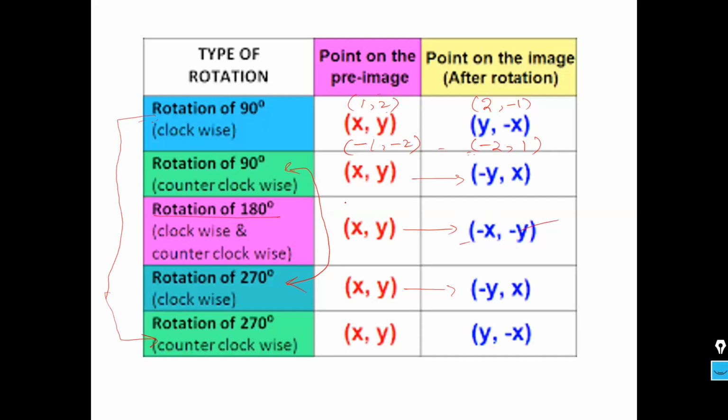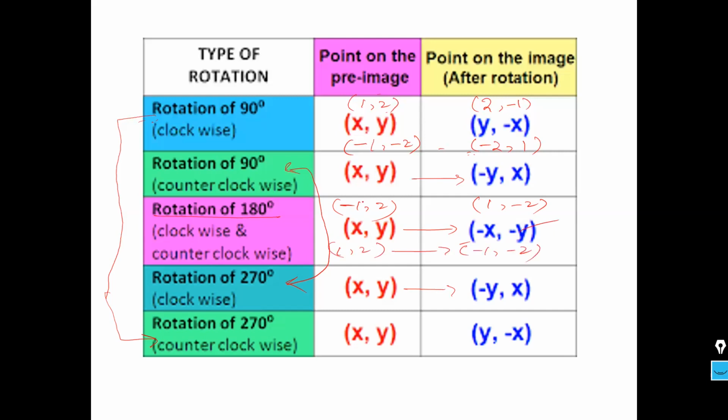How do we do it? For example, if x and y are (-1, 2), what will happen? It will be (1, -2). Or if it is (1, 2), then it will be turned into (-1, -2).